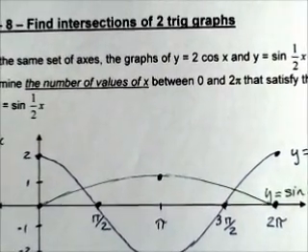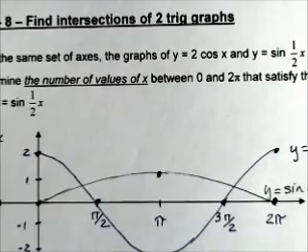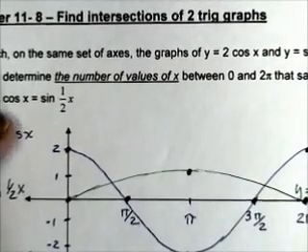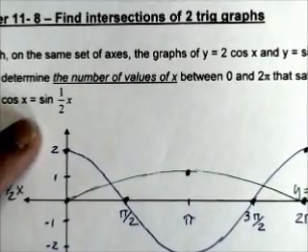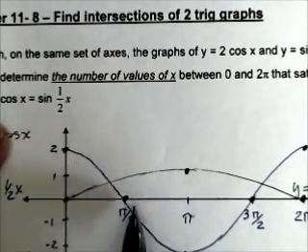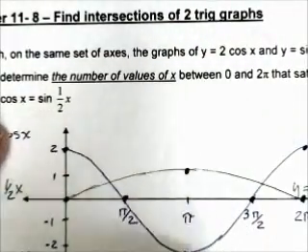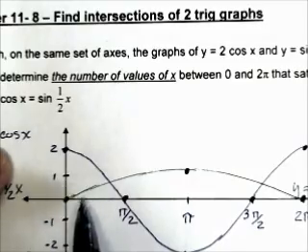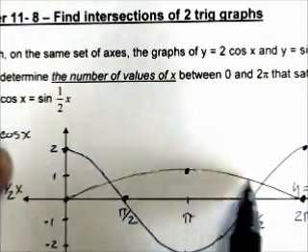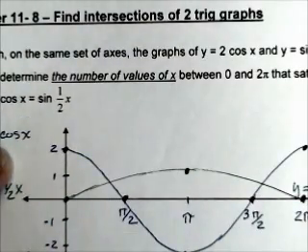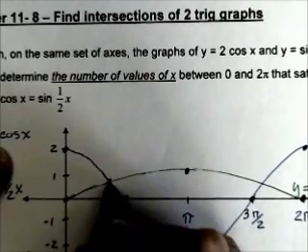And now determine the number of values of x between 0 and 2 pi that satisfy the equation 2 cosine x equals sine 1/2 x. Well, 2 cosine x is our blue curve. Sine 1/2 x is my green curve. So how many points of intersection are there? There are 2 points.